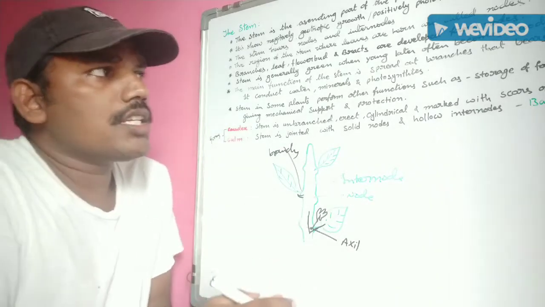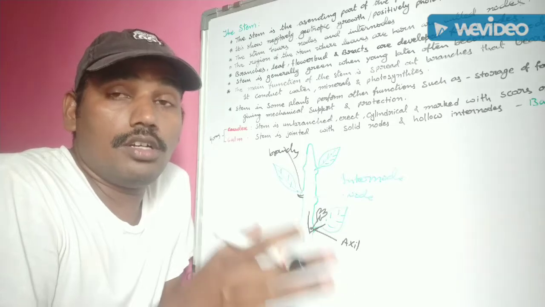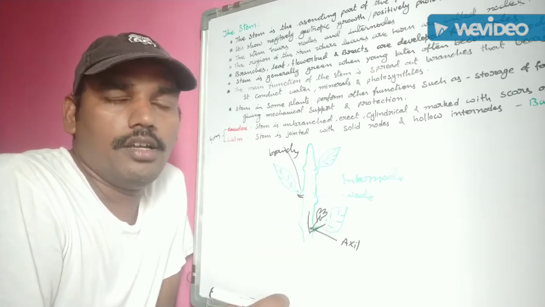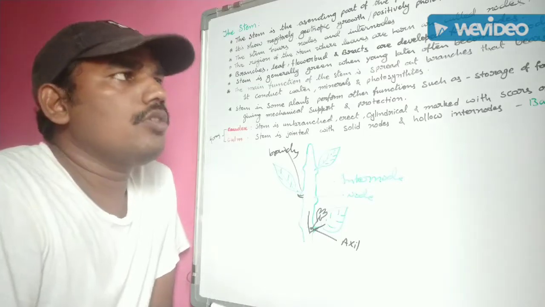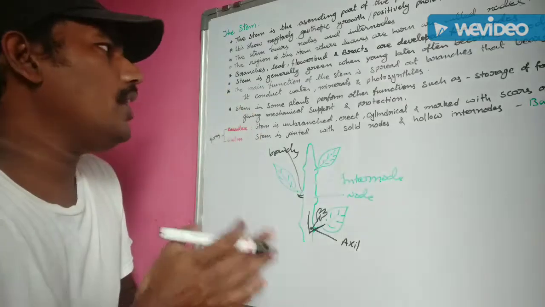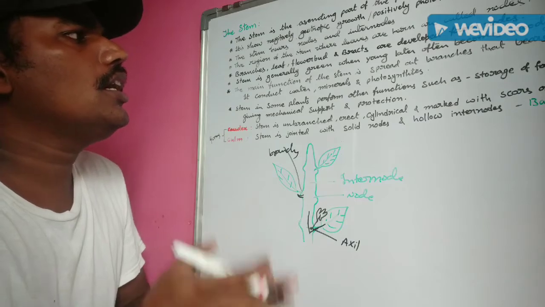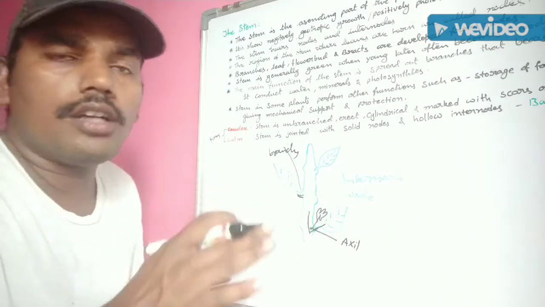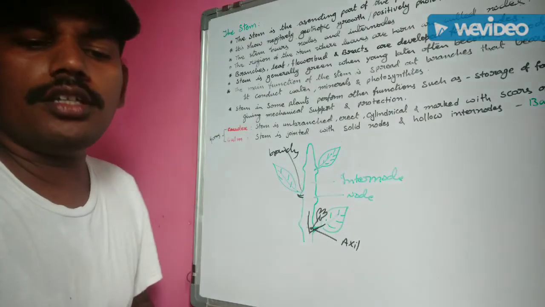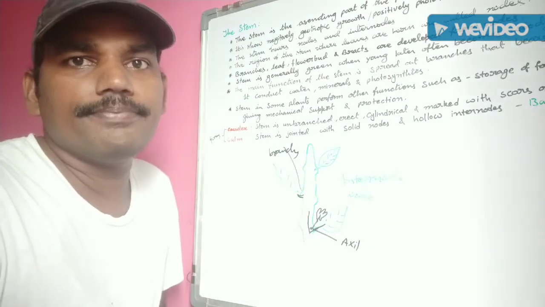Gradually, this young stem becomes woody and dark brown in color by the loss of chlorophyll. So at the time of youth, the stem is generally green; later it often becomes woody and dark brown.